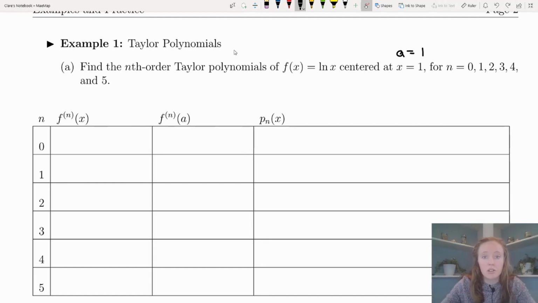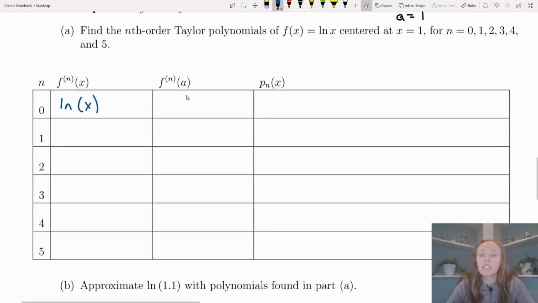Remember, filling in this table, our function is that ln of x. We're going to be centering that at x equals 1, which means that a is equal to 1. So plugging in 1, we'll get the ln of 1, which equals 0. So p sub 0 of x is going to be equal to 0.